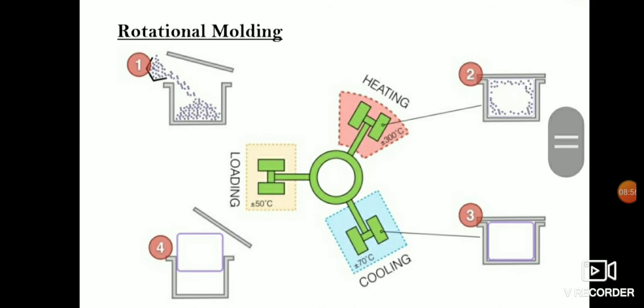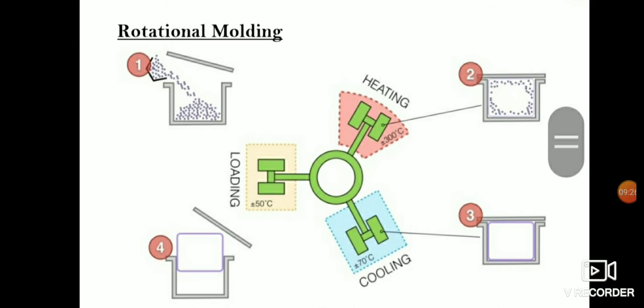Rotational molding has four basic steps: loading, heating, cooling, and unloading. The main advantages of rotational molding can be summarized as follows. It is ideally suited to manufacture of hollow and complex shapes ranging in size from hearing aid components to industrial tanks of over 20,000 gallons capacity and boats up to 25 feet long.